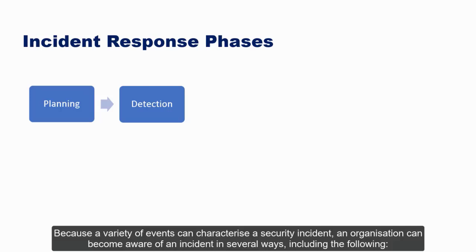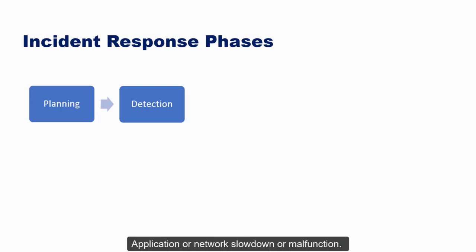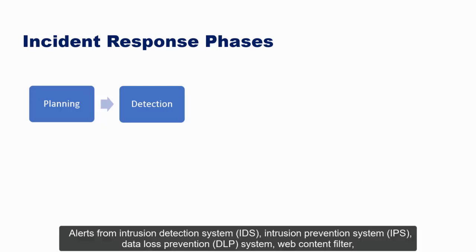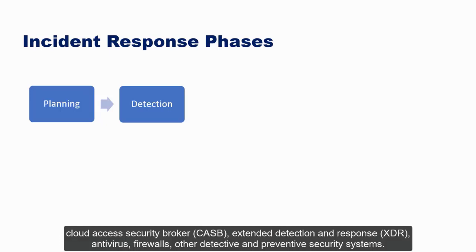Because a variety of events can characterize a security incident, an organization can become aware of an incident in several ways, including the following: application or network slowdown or malfunction; alerts from intrusion detection system, IDS, intrusion prevention system, IPS, data loss prevention, DLP, system, web content filter, cloud access security broker, CASB, extended detection and response, XDR, antivirus, firewalls, and other detective and preventive security systems.